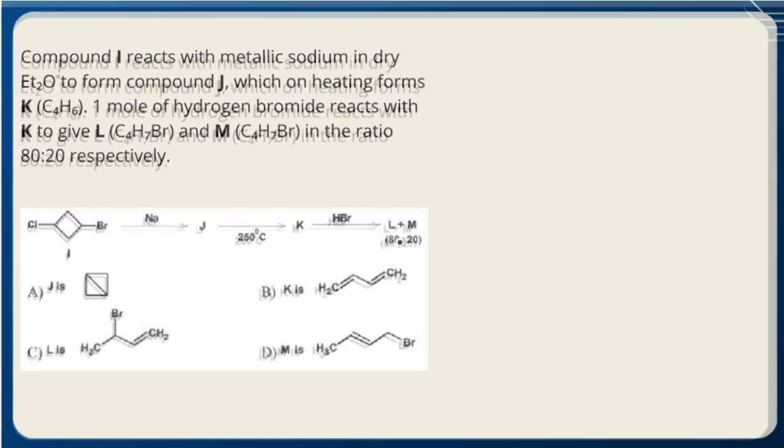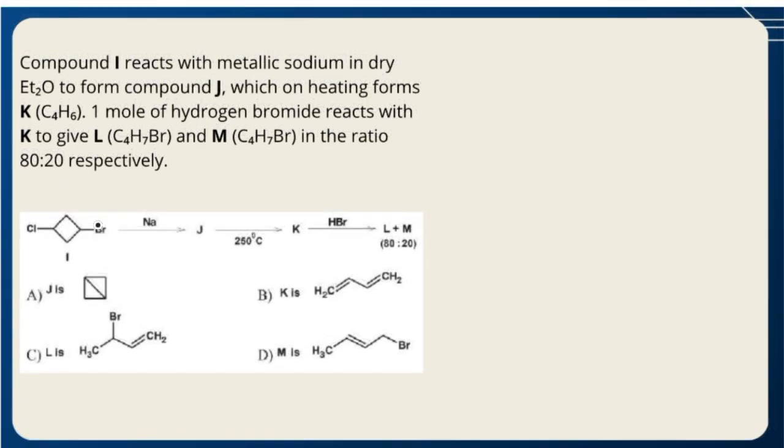So let's get started. Compound I, a dihalocyclobutane compound, reacts with metallic sodium in dry ether, forms compound J. When you see this combination, you should know that it's about the Wurtz named reaction.